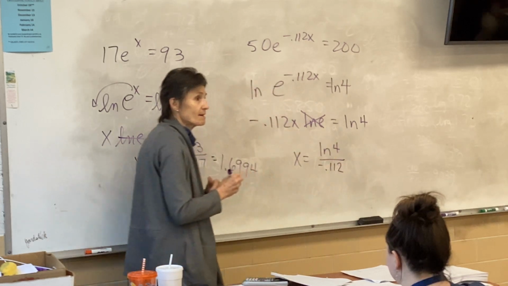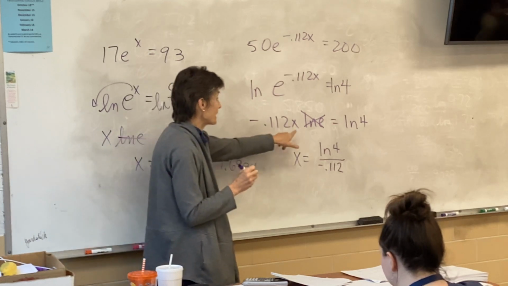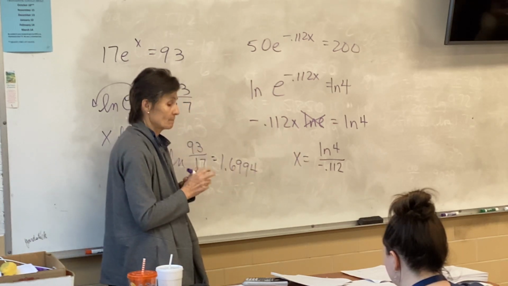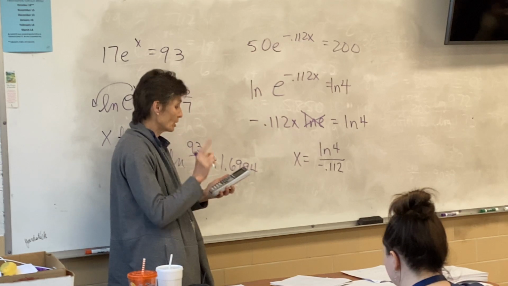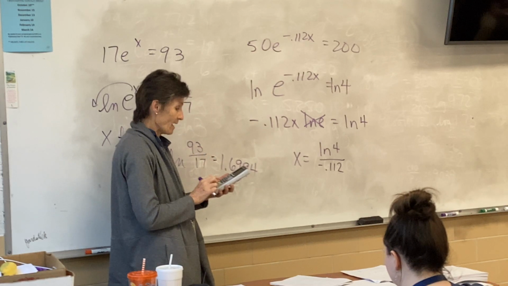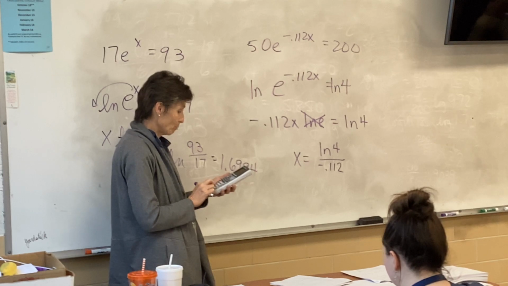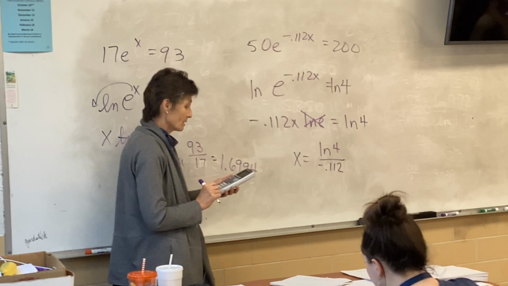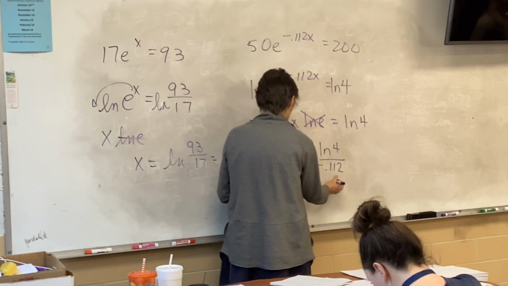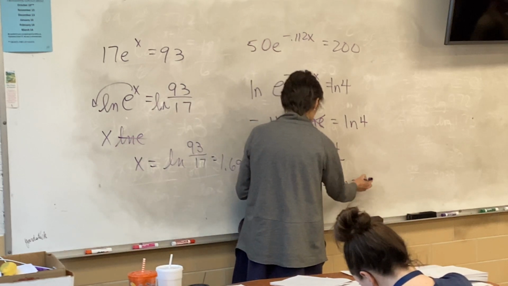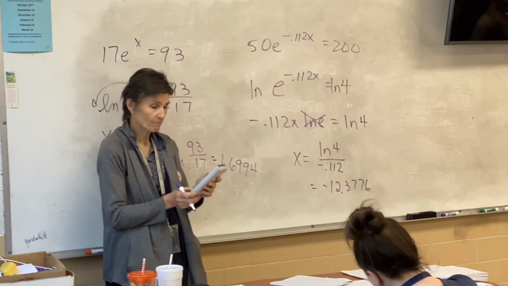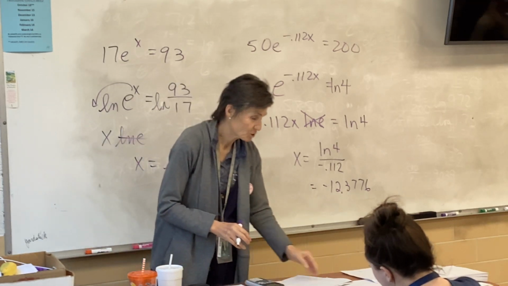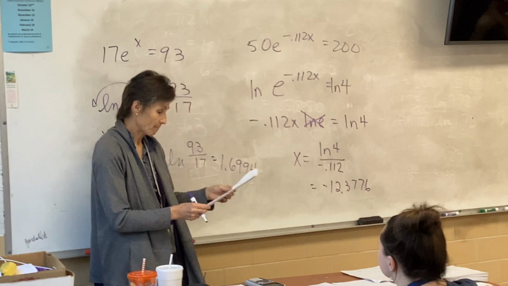Does that make sense to everybody? Because I'm trying to get x by itself. So ln 4, close parentheses, divided by negative 0.112. I got negative 12.3776. I need somebody to confirm that, please. Yep. That's what you got. Makes me happy.